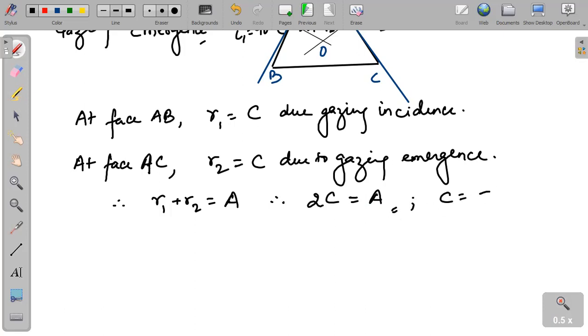C will be equal to sin inverse 1 by mu. So for a particular angle of prism, this is going to be true, and it will be true only when 2C is equal to A. Okay.